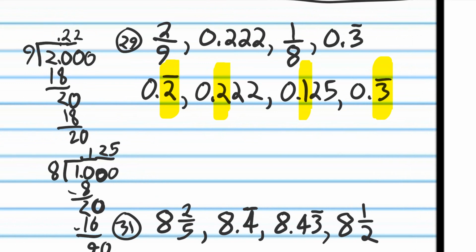So of all the yellow numbers, we have one yellow number that's a 1. So the 1/8 is going to be the smallest number. Then we have a 3 over here, which means that's going to be our biggest number. Let me cross that out. Our biggest number is 0.3 bar. And cross that out. Now, on the next number over here, we have 2, because remember, it's repeating.